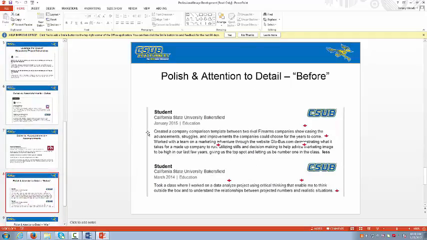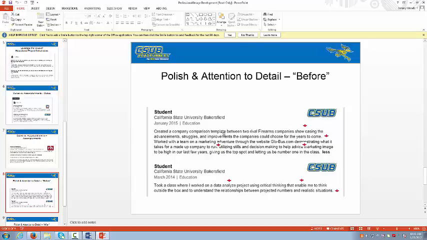And then finally, polish and attention to detail. When you're writing it, I'm sure it seems maddening to think about all these little errors, but when you're reading it, they become really obvious. This is another student of mine from a couple years ago.